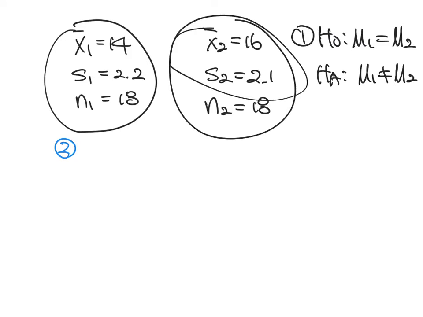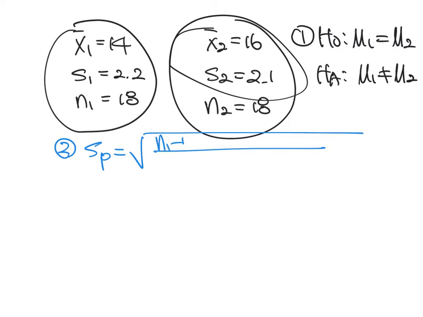Before the test statistic, we need the SP, the pooled standard deviation. SP is the square root of (N1 minus 1) S1 square plus (N2 minus 1) S2 square, over N1 plus N2 minus 2.